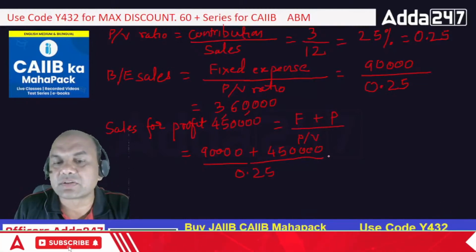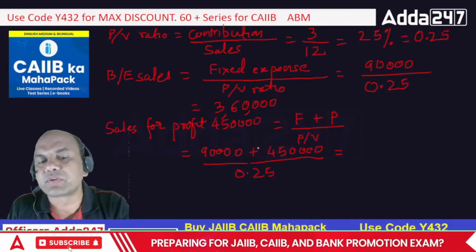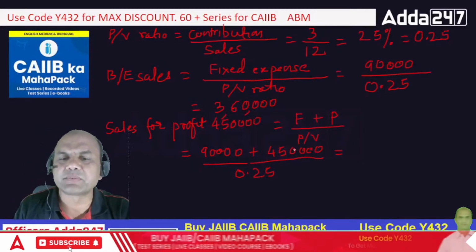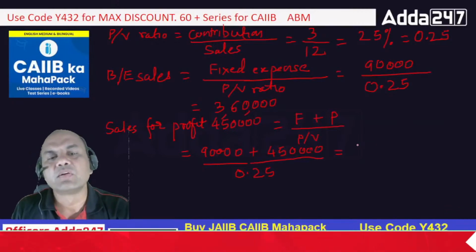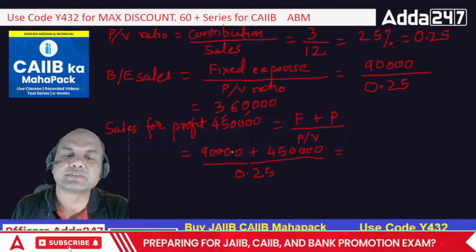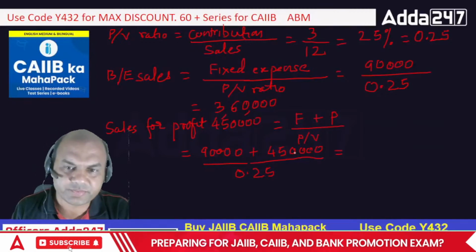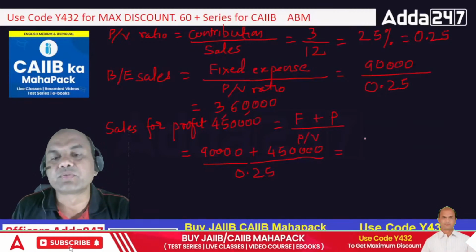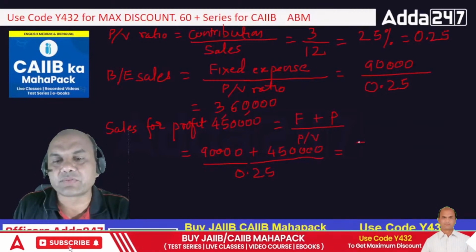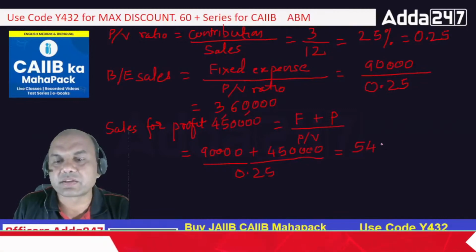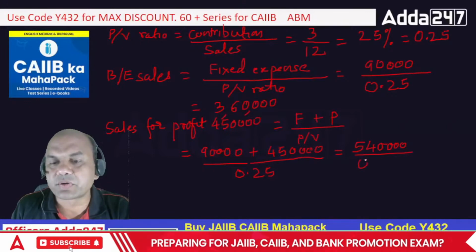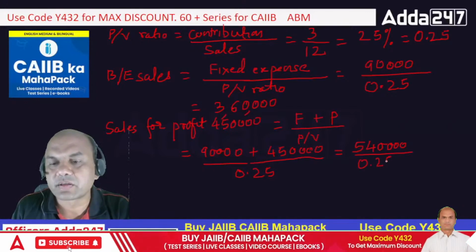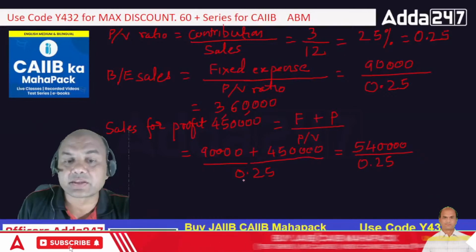So do the calculations now. 450 plus 90 is what? 4,50,000 plus 90,000, what is the answer? 540, so 5,40,000. The whole upon 0.25.